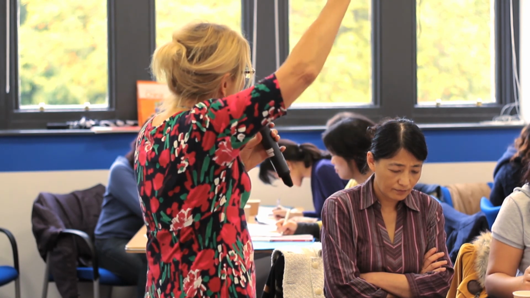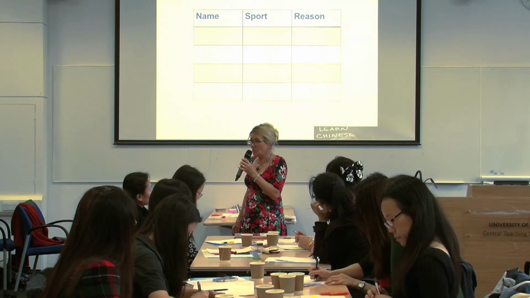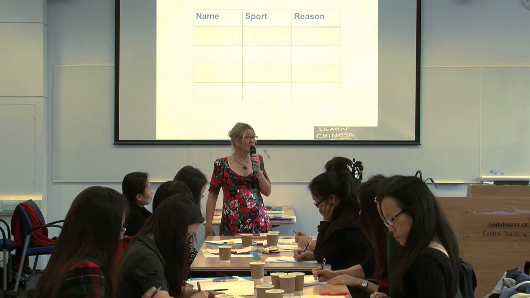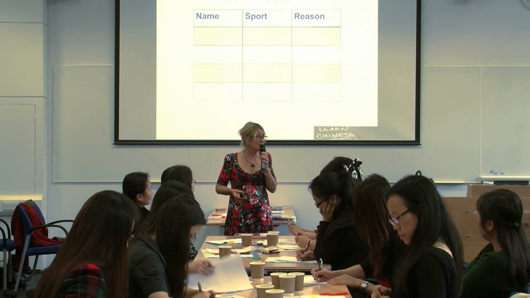You can have them make a poster together, or they can write a paragraph using the notes about the people they learnt about. So it comes from a speaking, listening activity and becomes a writing activity, another speaking, writing activity.